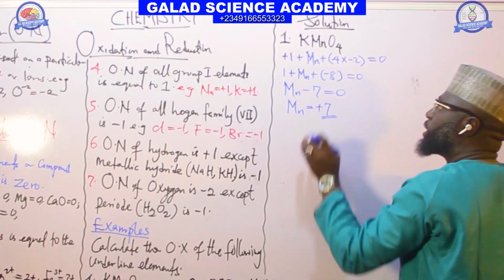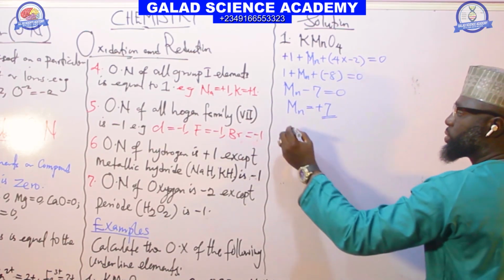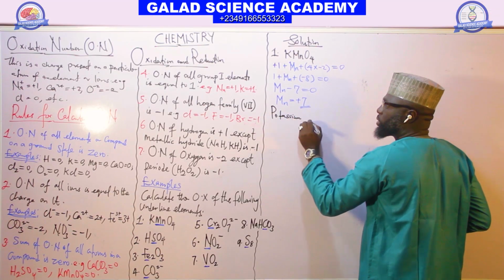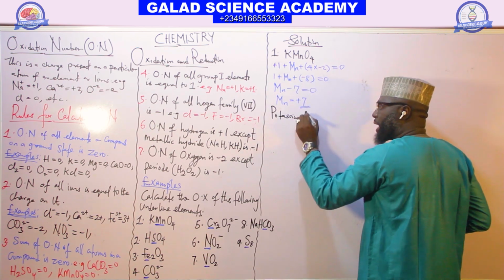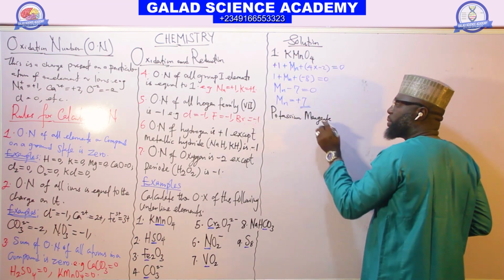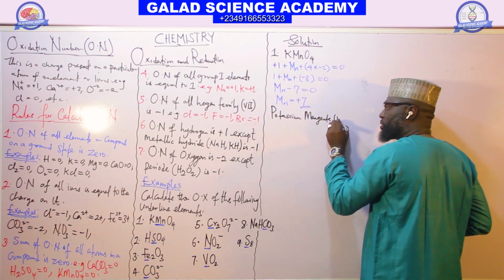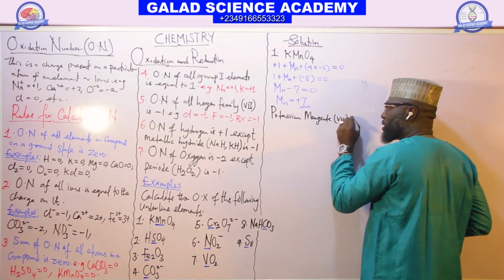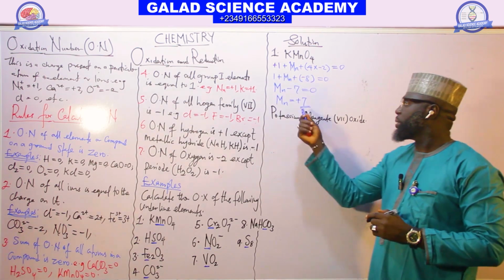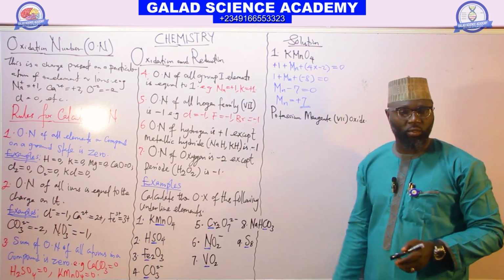So if we want to name this compound, we can call it potassium manganate(VII), because the oxidation number of manganese here is 7.